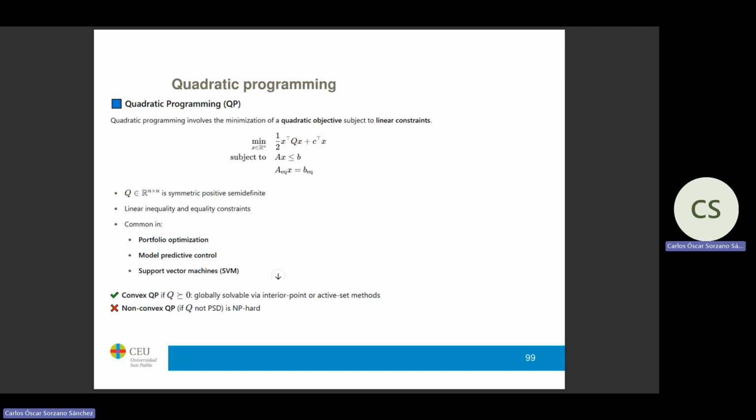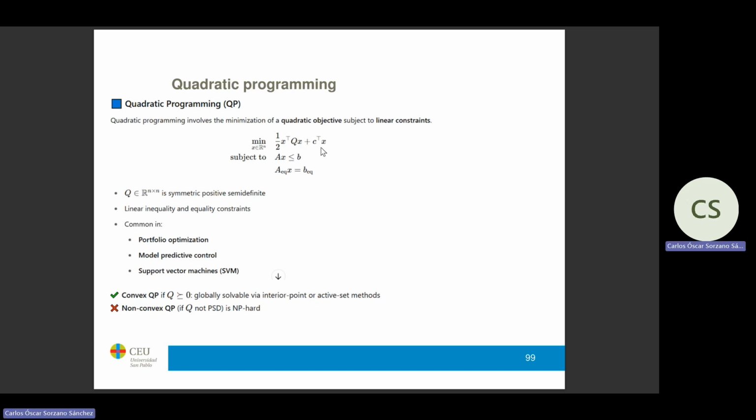If this is positive semi-definite, this is this symbol here, then the problem is convex. And now you know that all convex problems have a unique solution, and it can be relatively easily solved. That can be done with some of the techniques we have seen, interior points, for instance. We have seen active sets, we have not.